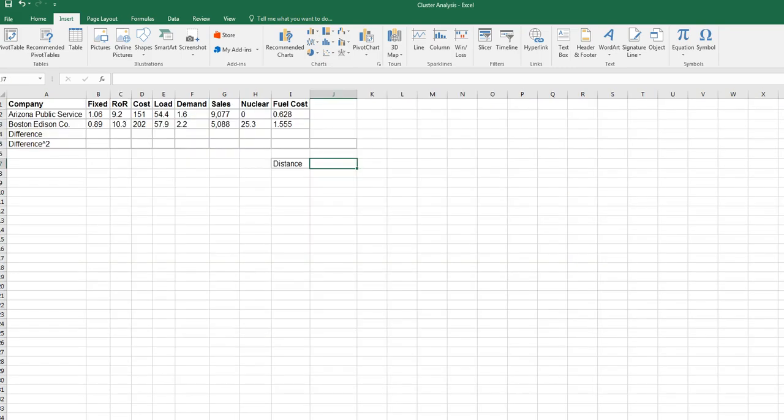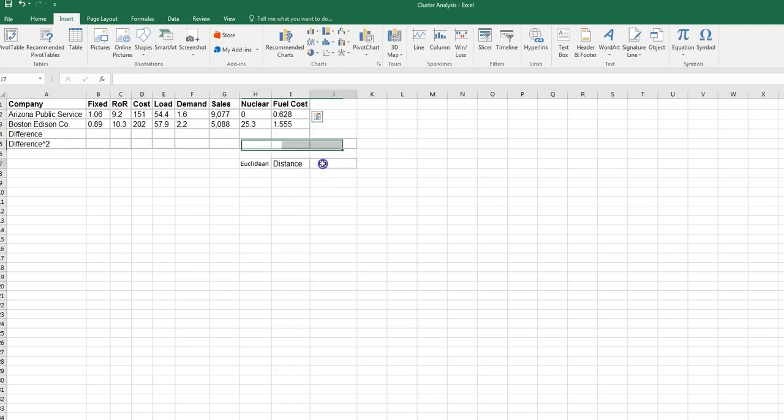So what we're going to do is use the Euclidean distance formula for these 2 observations, Arizona Public Service and Boston Edison Corporation, to find out the distance between these 2 observations. And we're using all of the 8 attributes here.